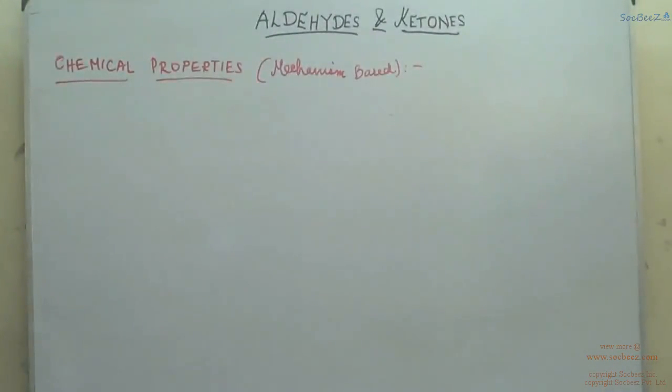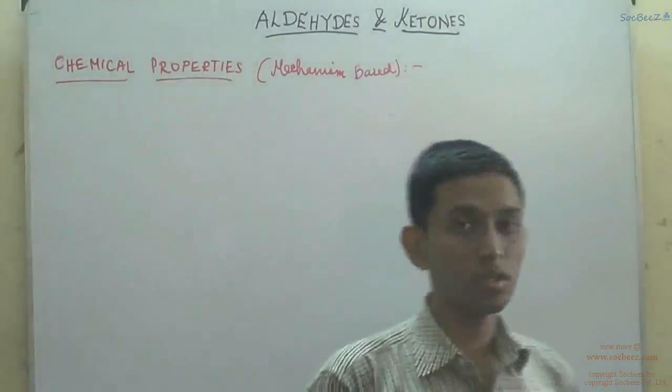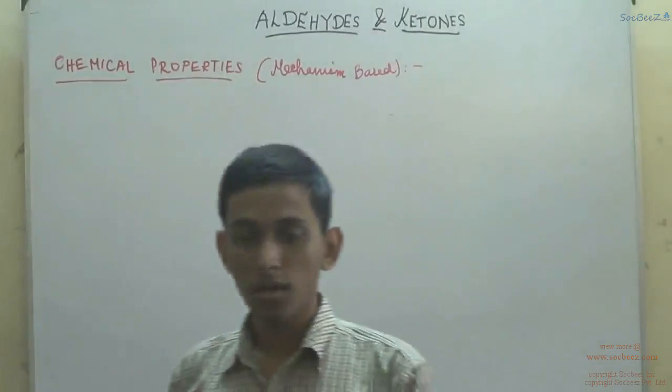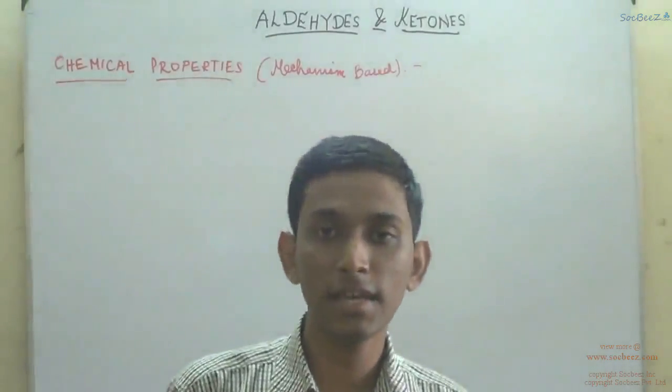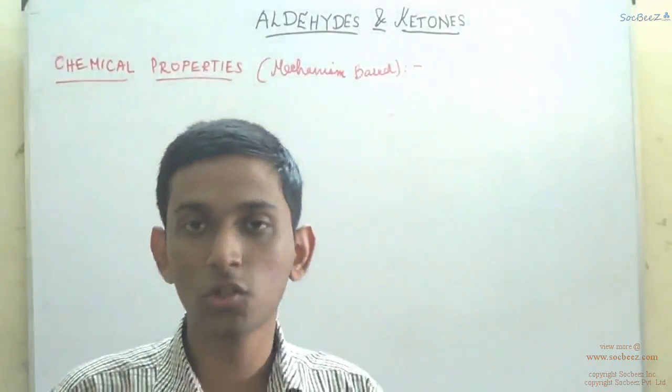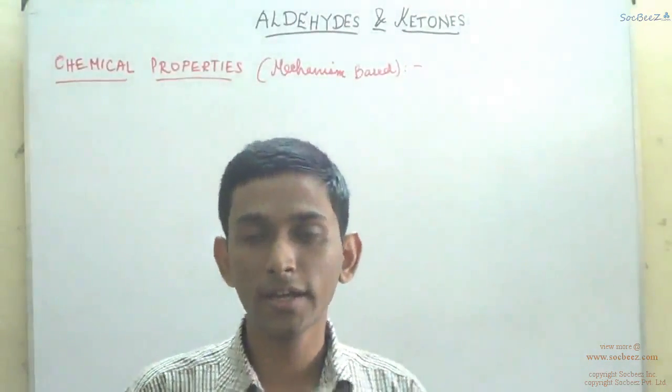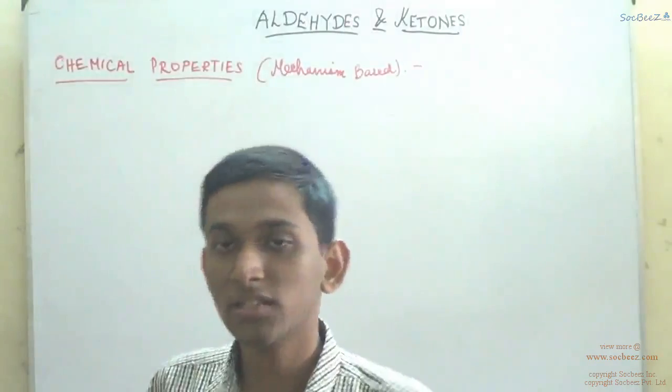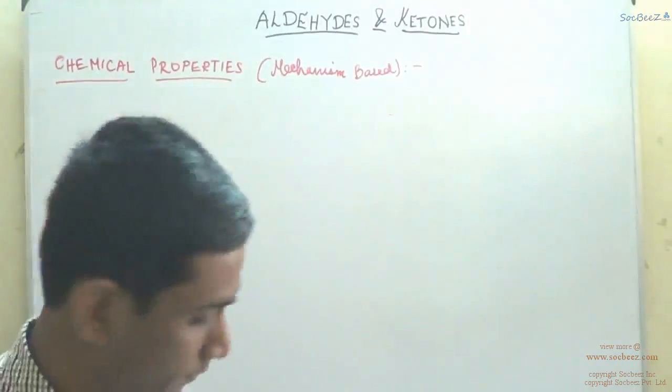So basically you will get carboxylic acid if you treat with strong oxidizing agents like acidified KMnO4, alkaline KMnO4, acidified K2Cr2O7 or concentrated nitric acid. You will get the corresponding acid with the same number of carbons.